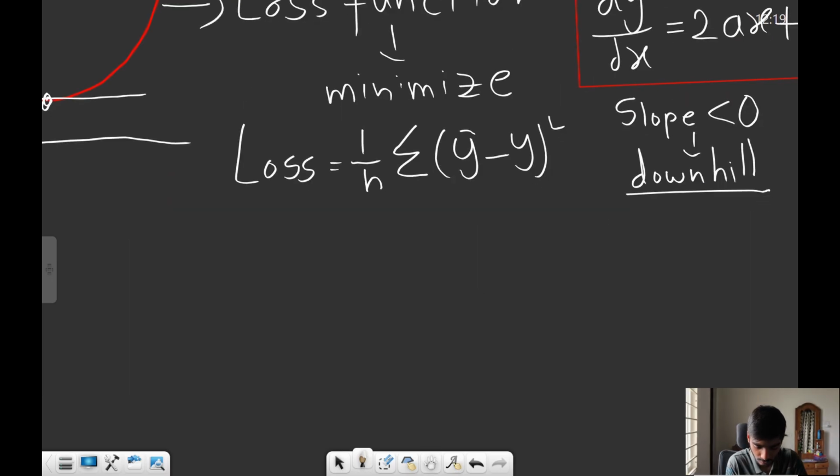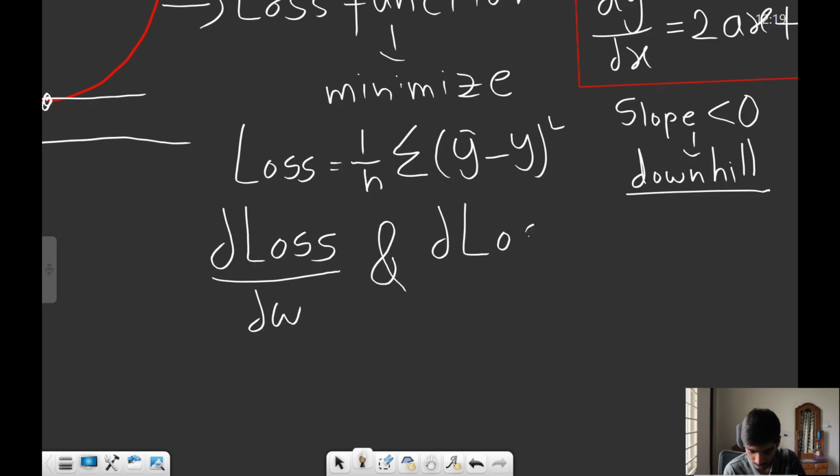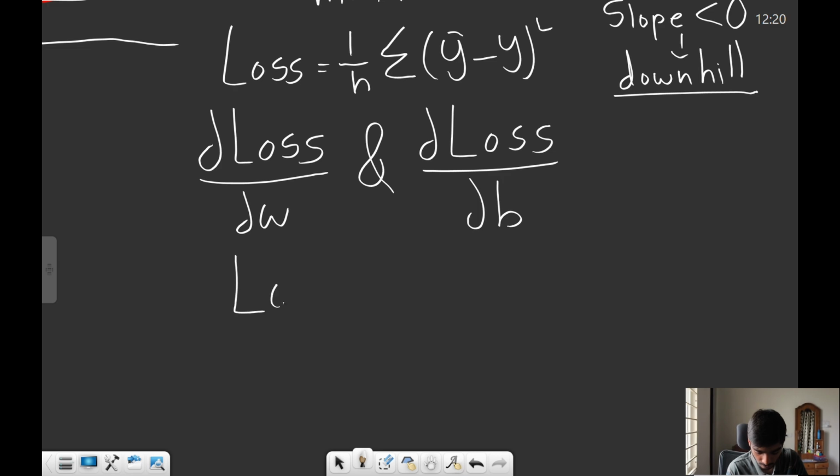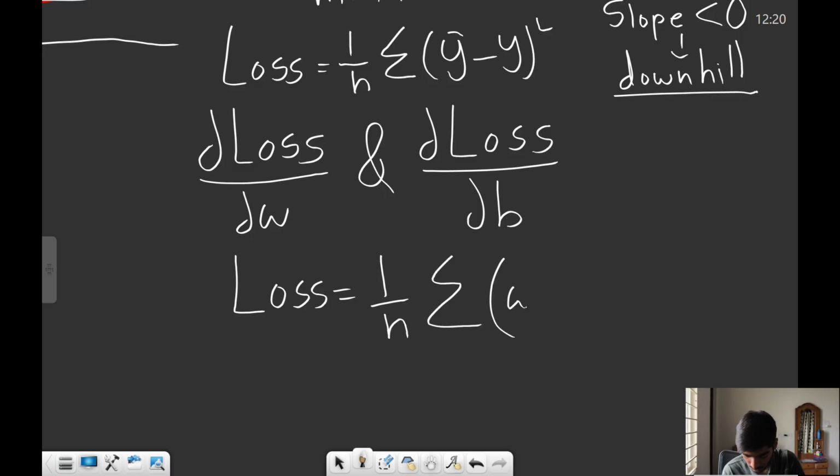To find the slope of this loss function, we simply differentiate the loss with respect to w, and we differentiate the loss function with respect to b. The actual value of the loss function, by substituting the value of y cap, is 1 by n into the sum of (w x plus b minus the actual value of the sales) squared.